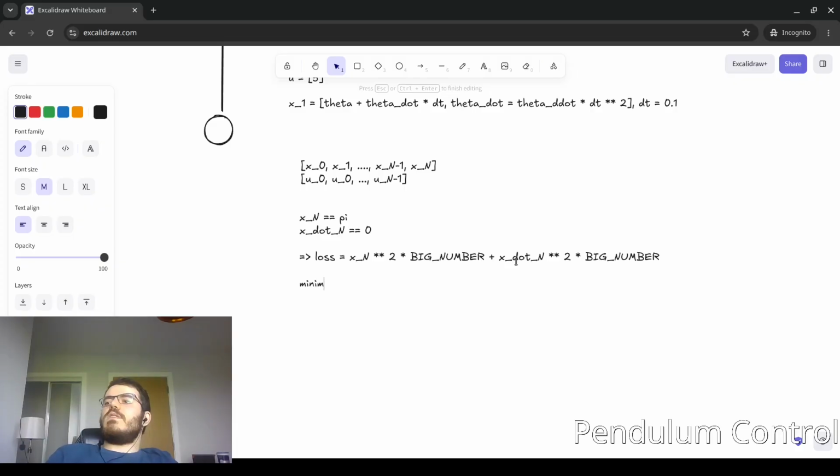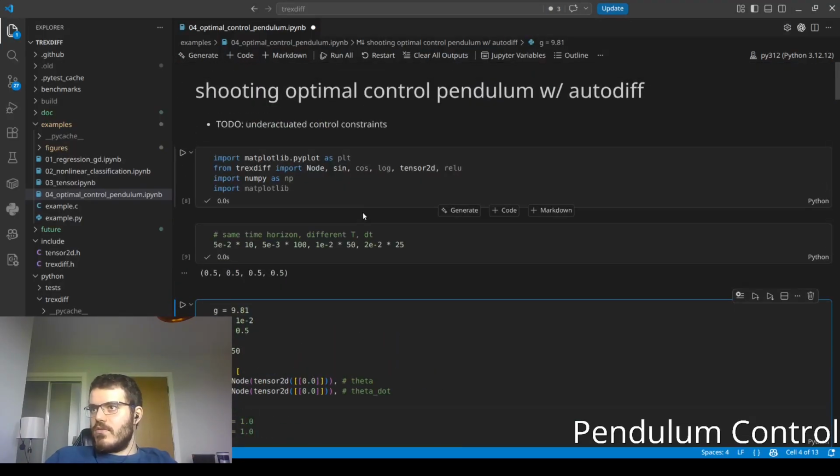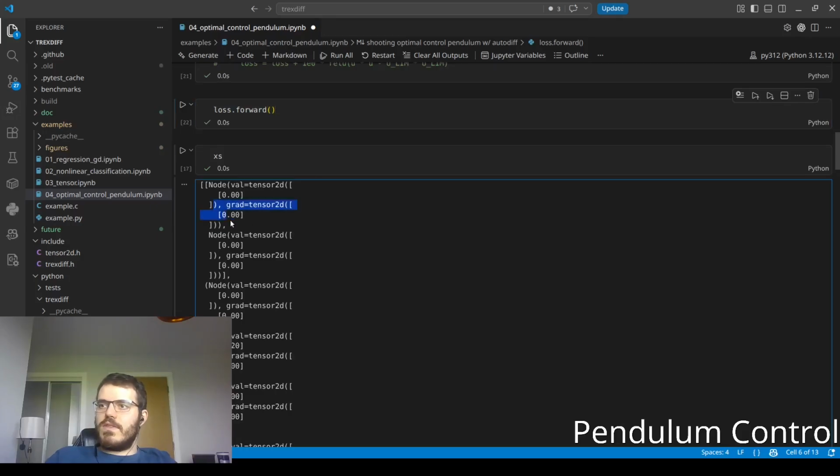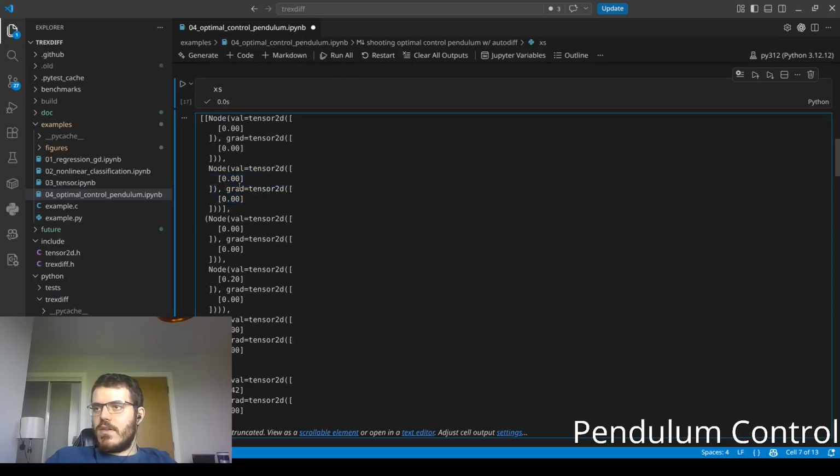And then I'm going to minimize our loss, and this is where our nice auto differentiation framework comes in, because you call forward and you see all of these have a tiny little gradient. Currently it's 0.